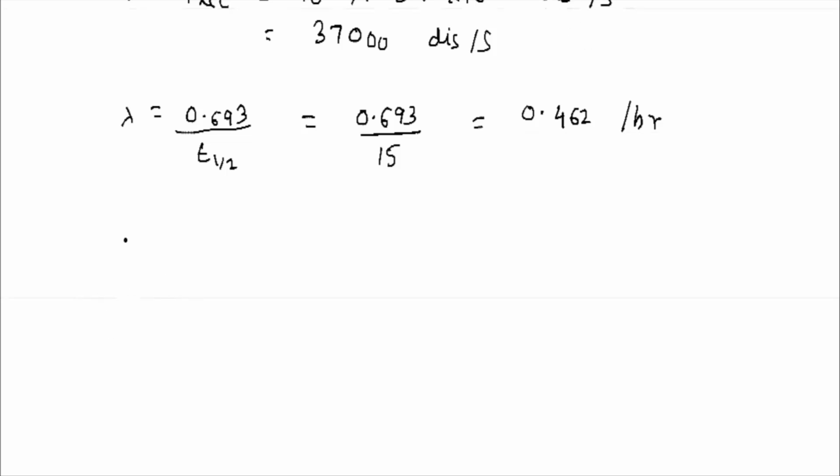So small r is given as 296 disintegrations per second. This is the activity for 1 cm cube.